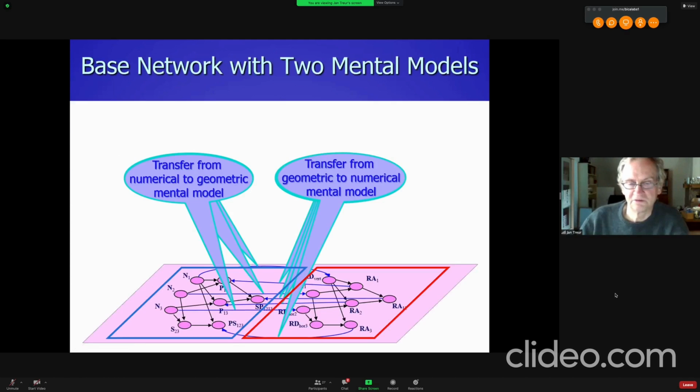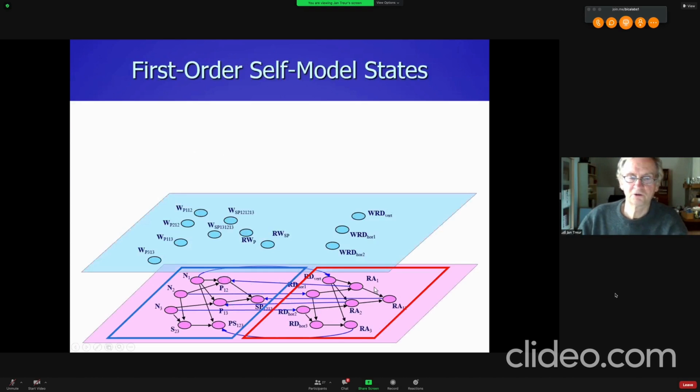So these are things that you can control to switch from one to the other. Then you also have to do the transfer, and if you have to switch back, you also have to do the transfer back.